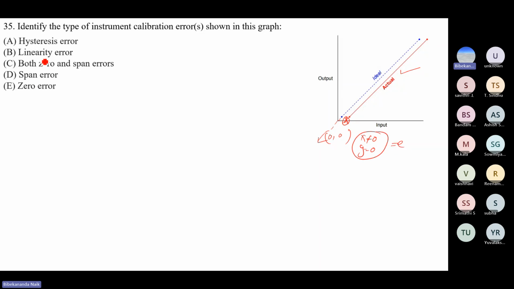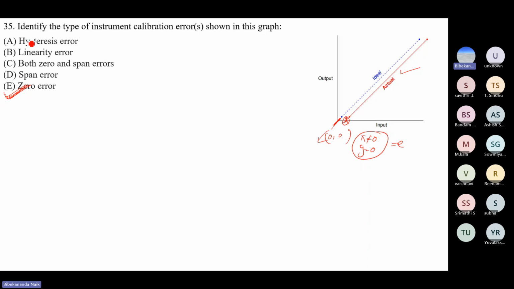Since the question is to identify the instrument calibration error, the error here will be zero error. Is it clear why we are saying zero error? Because the ideal graph was crossing through the origin, but the actual graph we are getting is not passing through the origin. So the error associated with the calibration will be zero error.